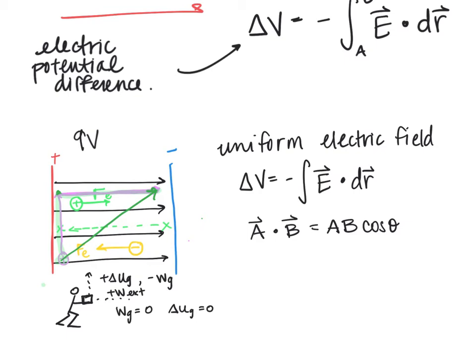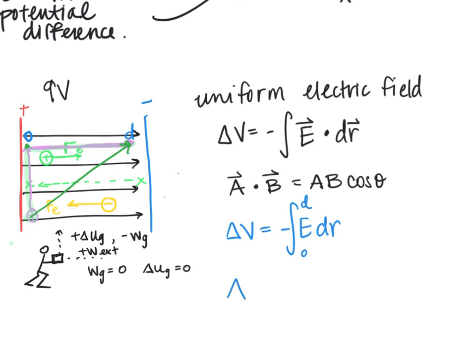So then if we look at our delta V, it would just be the integral of negative E dr. And if we evaluate dr from 0 to some distance d, so maybe we go from 0 over here to some distance d over here, then we can write our electric potential difference as equal to negative Ed.